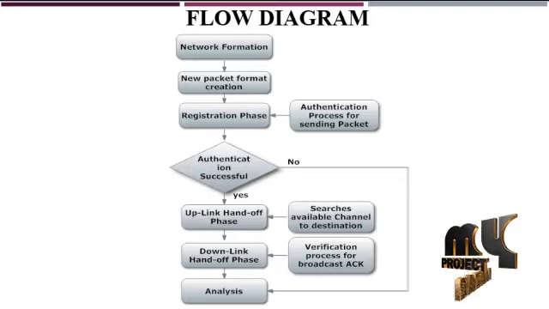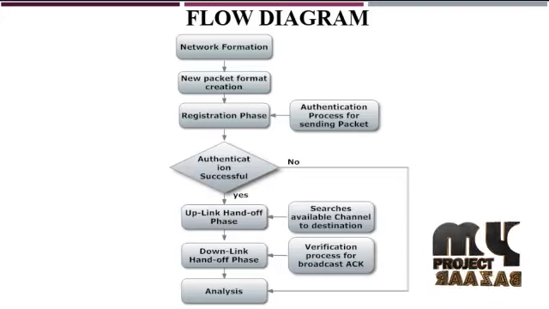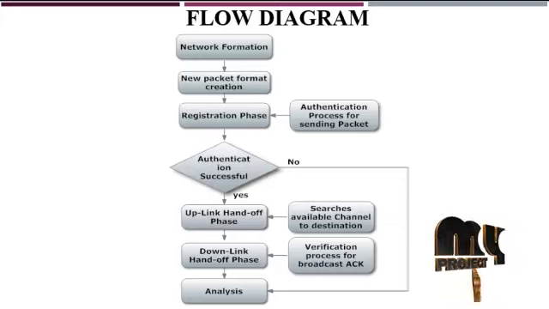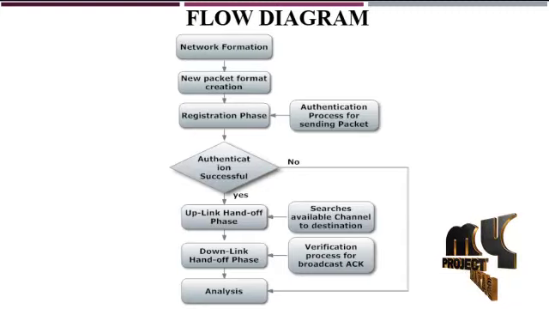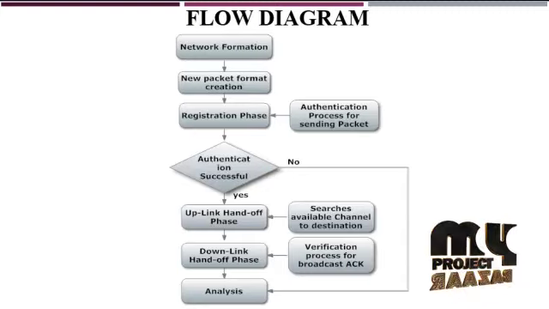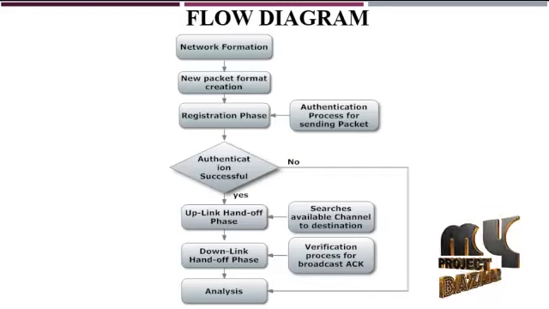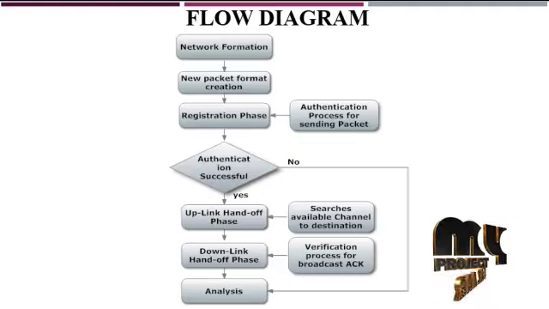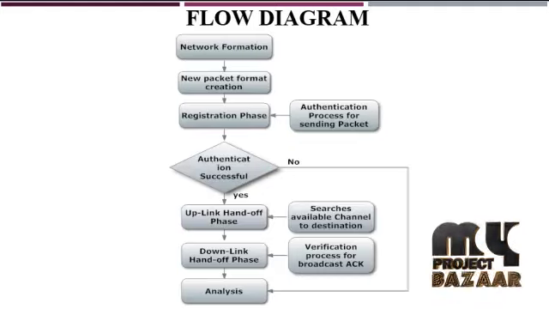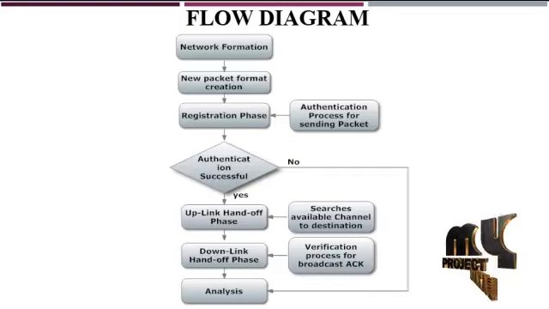That is, if any node wants to send data to the destination, the authentication process is done and then the uplink handoff phase is done, because uplink handoff is nothing but the information passed from one network to another network. So in that we have to search for an available channel to the destination.